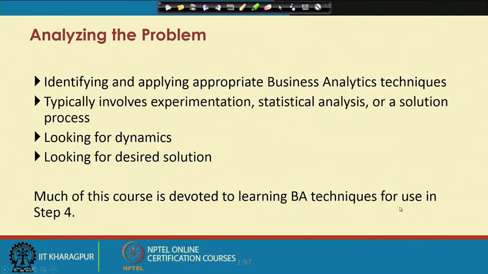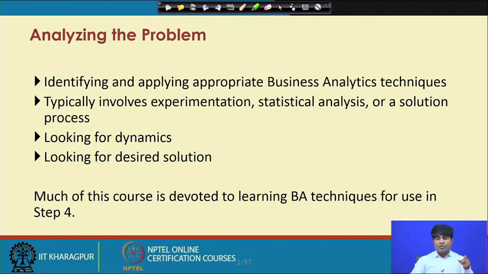Then analyzing the problems. Here we are identifying and applying the appropriate business analytic techniques, and it typically involves experimentation, statistical analysis and solution process. Then finally, looking for dynamics and looking for the desired solution, which I have already told you. It is altogether a continuous process.